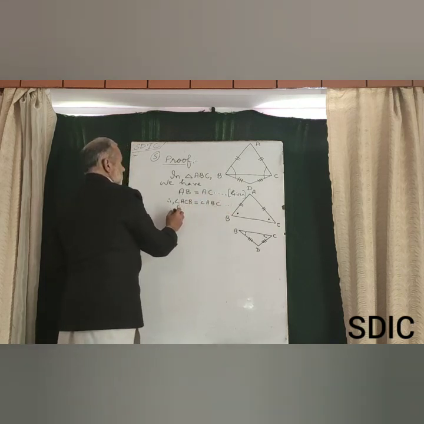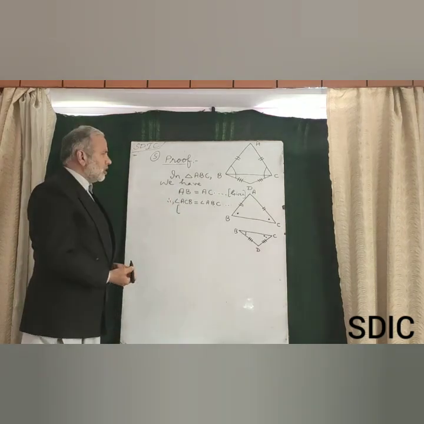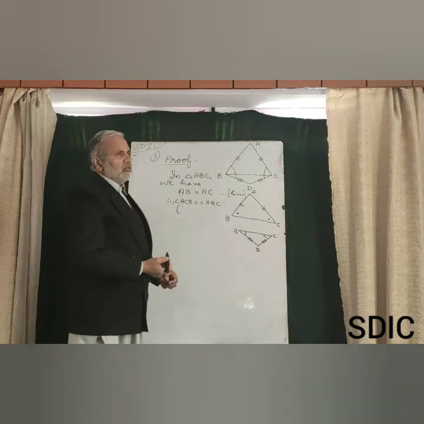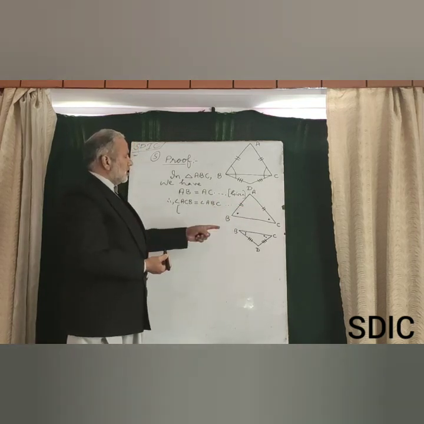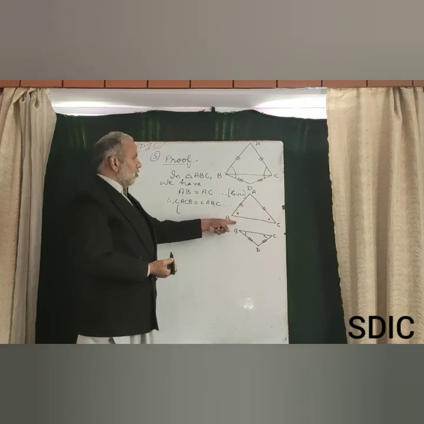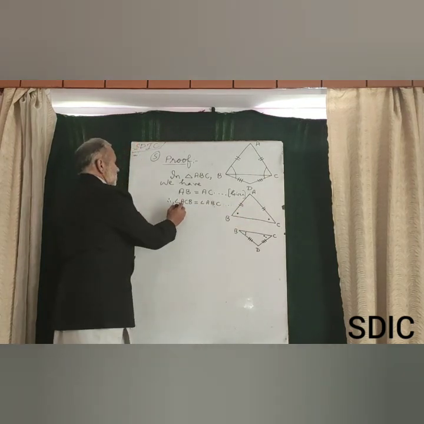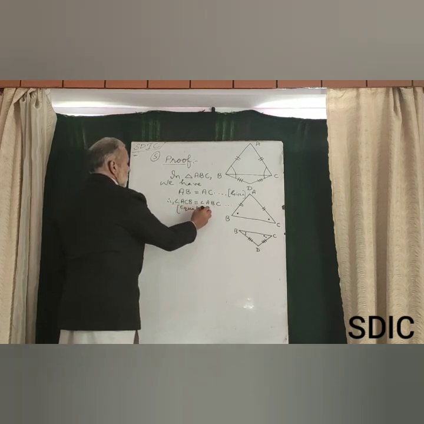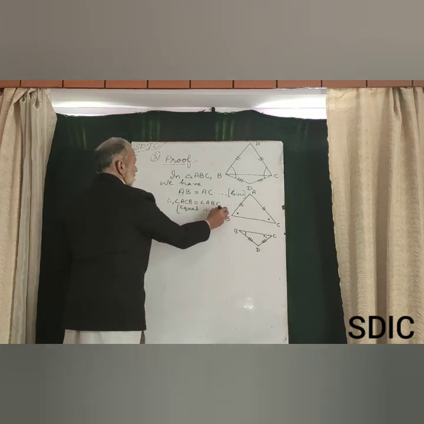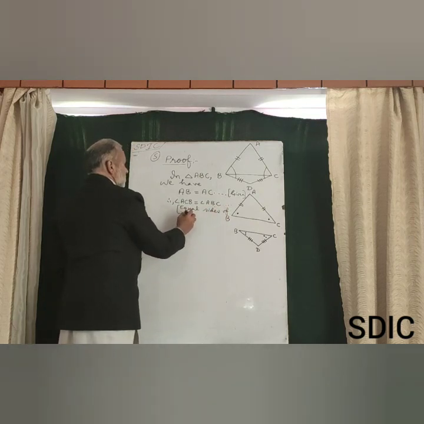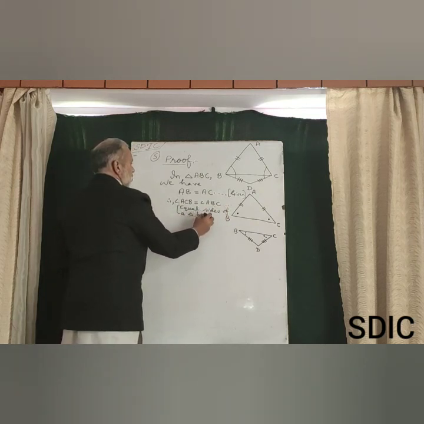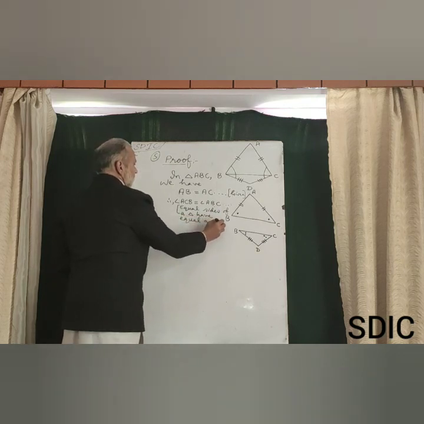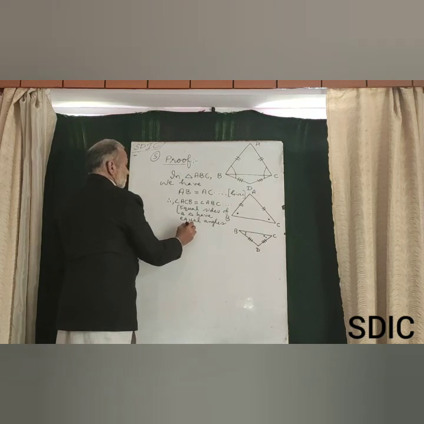The reason for this is the statement of that theorem: equal sides of a triangle have equal angles opposite to them. You can write that here.